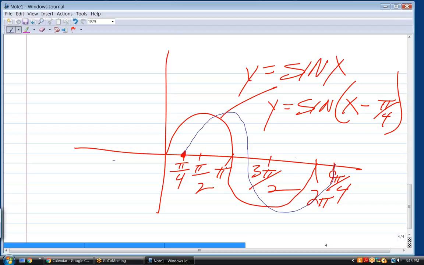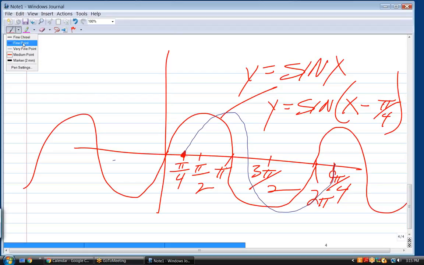In reality, both of these curves don't end. They go on forever. The only thing I drew the first time was one period of the blue curve and the red curve. But that's what phase shift means.